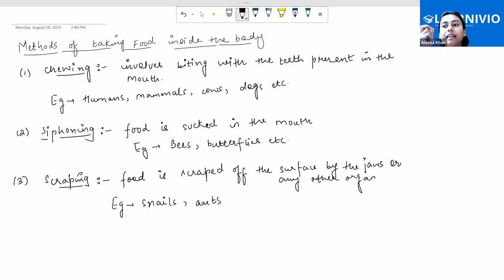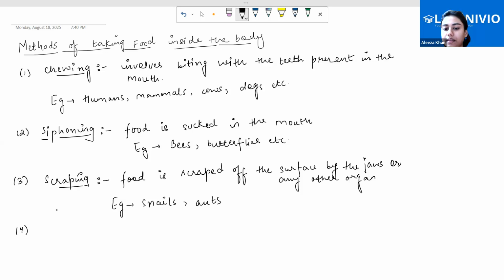You find that they carry it on their back, but it's not exactly on their back. It is taken up by their jaws or any other organ, it could be the limbs also. They don't have a specialized mouth for carrying it. This mode is known as scraping.